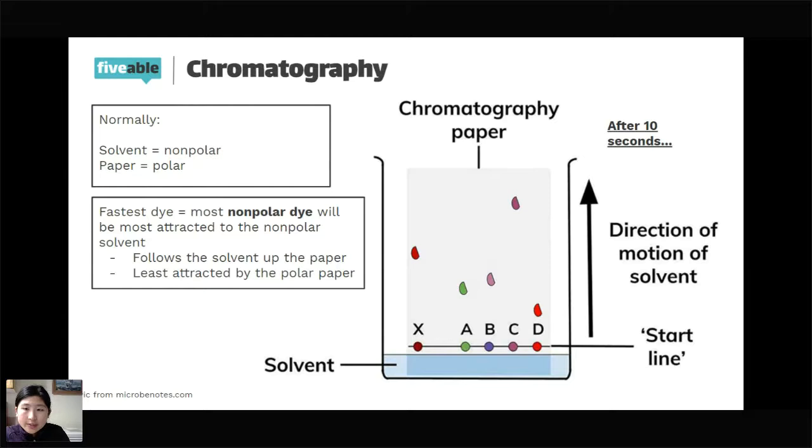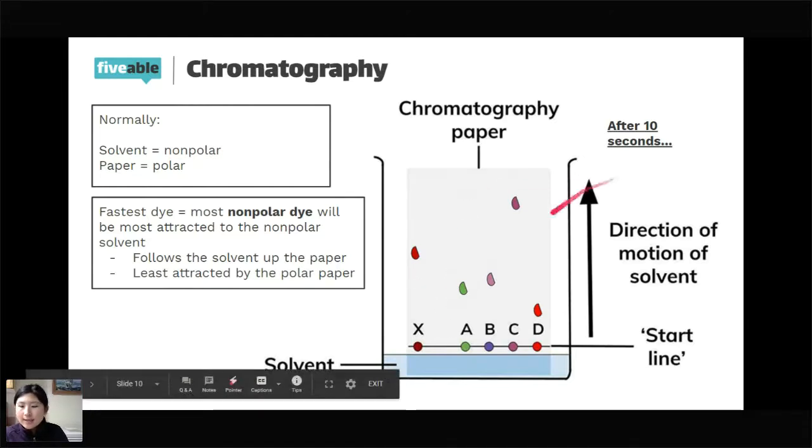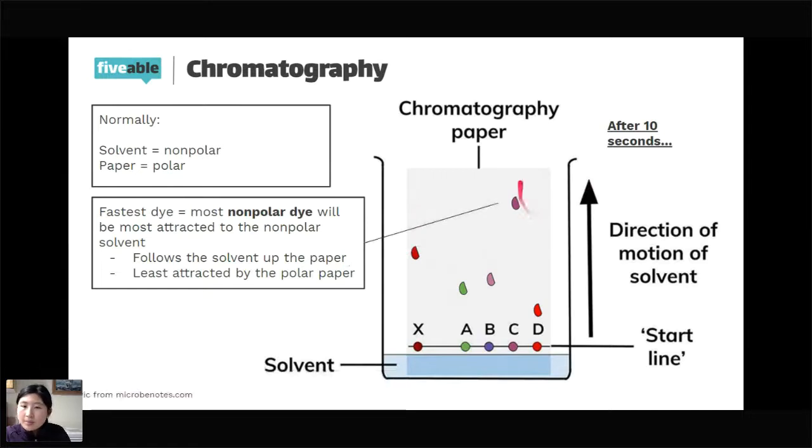So if you can see here, as the solvent goes up, right? Let's say after 10 seconds, the solvent goes up, and let's say the solvent is up at this level. You can see me drawing a line over here. Then you can see that this dye is the one that's clinging onto the solvent the most. So it's traveling up with the solvent, right?